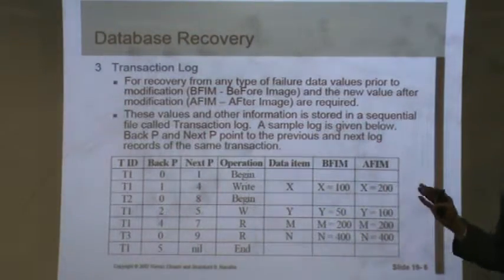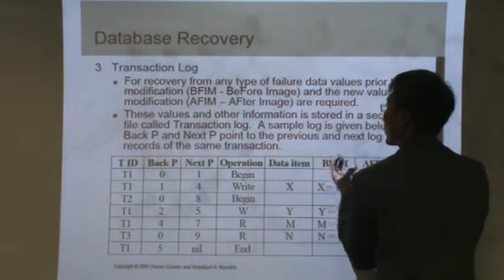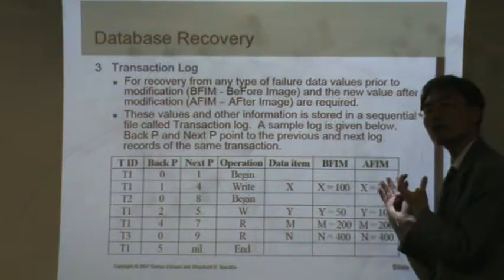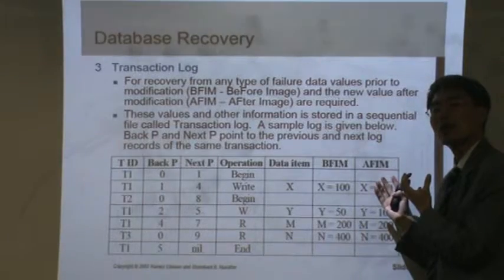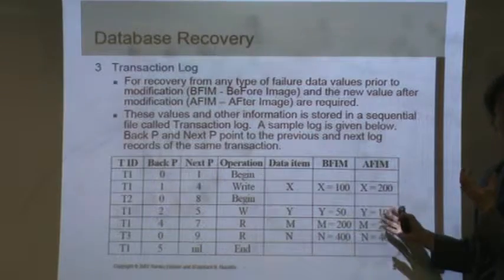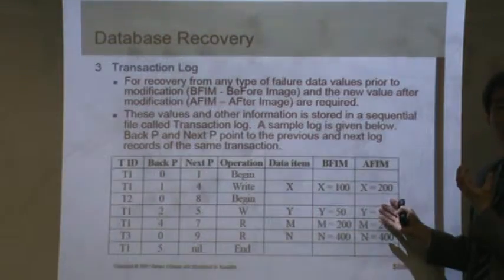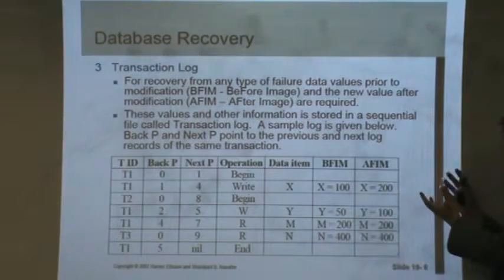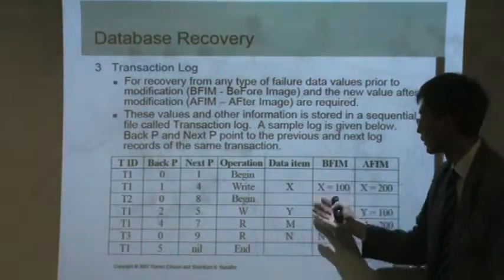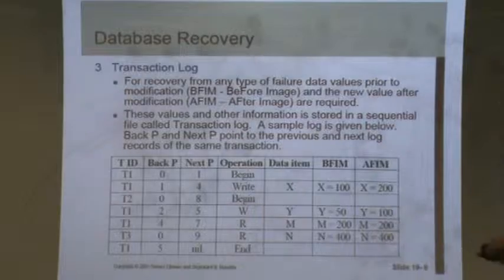Sometimes some DBMS systems manage the before and after image separately. The before and after image is actually stored in memory. In case the memory is not enough, we can keep the before and after image elsewhere. So this is the transaction log.